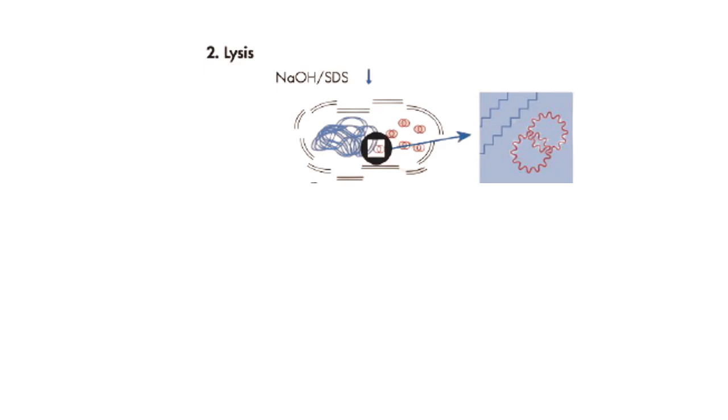Here also it is lysis, but with a slight difference from that of the DNA. Here we use alkali for the lysis, and that is why we call this the alkaline lysis method. We use NaOH alkali for the lysis as well as SDS.